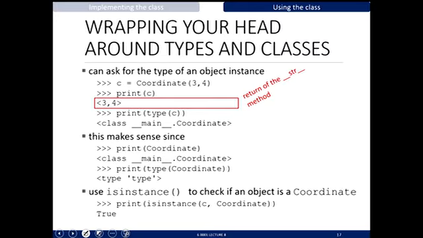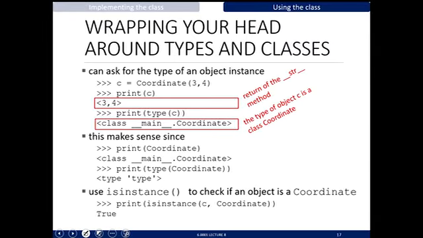If we print the type of c, this is actually going to give us class __main__.Coordinate, which tells us that c is going to be an object that is of type class coordinate.